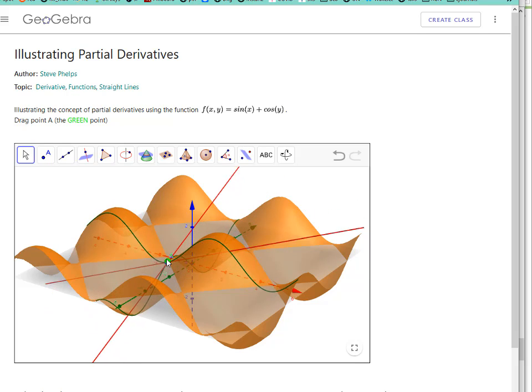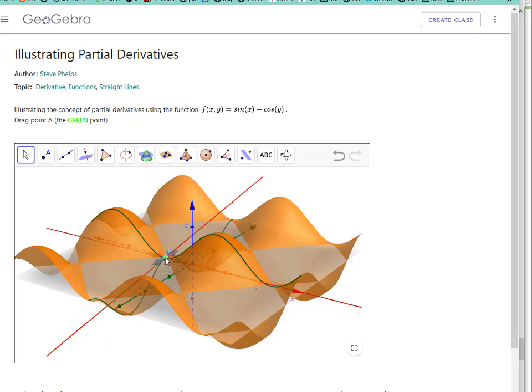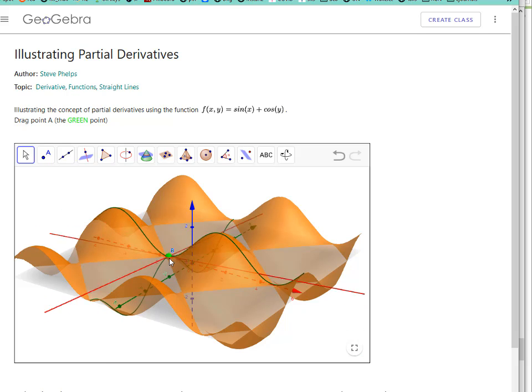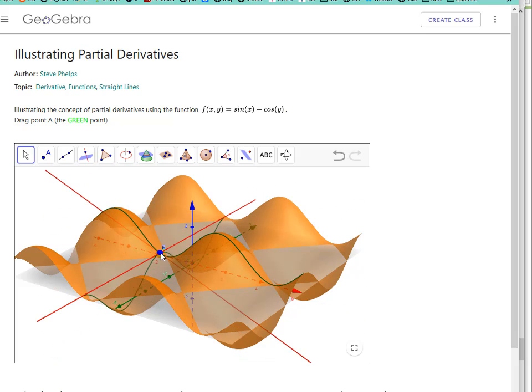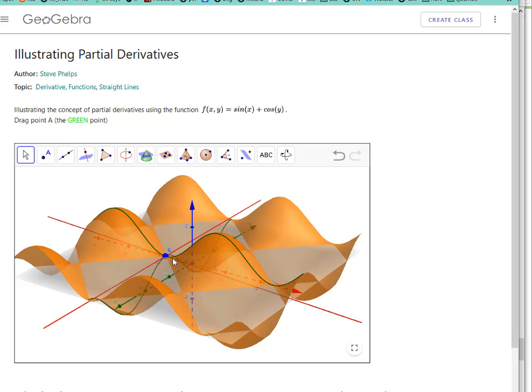However, if I come to this point here, if I go in this direction, they're decreasing, whereas if I go in this direction, they're increasing. So it will be neither positive definite nor negative definite, so it's neither maximum nor minimum.